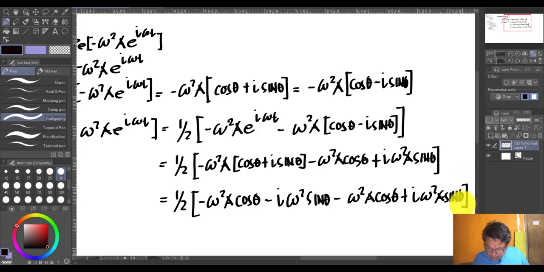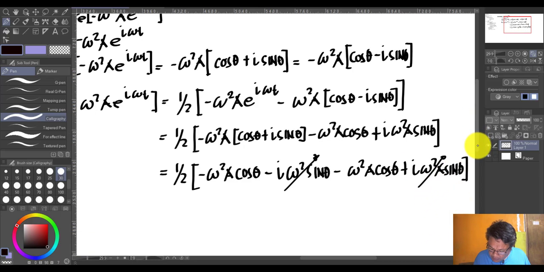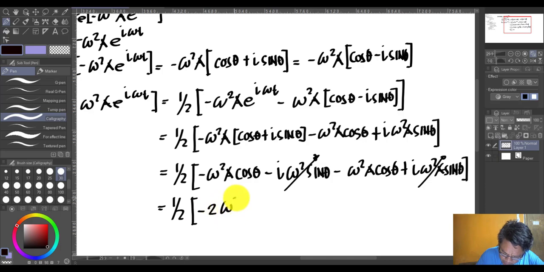So which ones will be cancelled out? The sine terms will be cancelled out, since this is minus positive and we have a minus, so they cancel out. So we have the value 1/2. Combining both terms, we have negative 2 angular squared a cosine of theta. Again, I can cancel this one and this one.